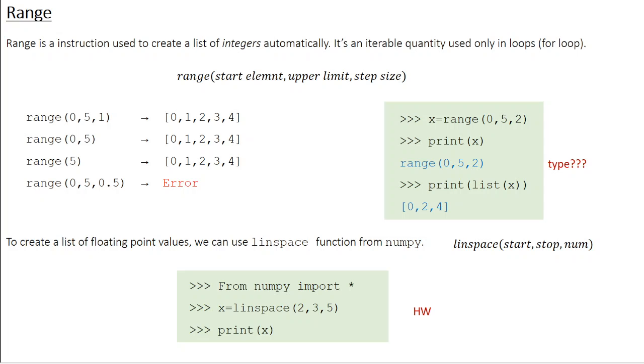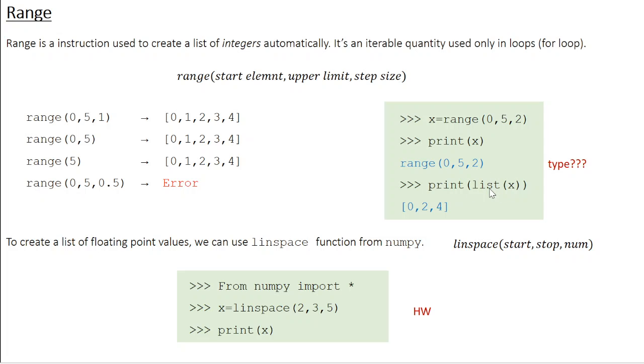So when you want to create a list outside the for loop, you want to explicitly tell Python that you want a list. So your print statement should be print list x. Now Python knows that it has to create a list. So now your answer is going to be 0, 2, 4. So whenever you use the range function outside the for loop, always use the prefix list.